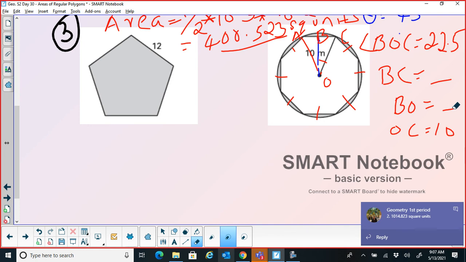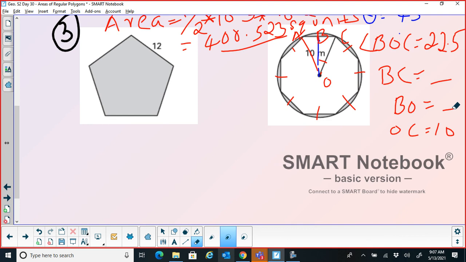If I'm interested in the opposite and adjacent, I can use tan, but I don't have the values of opposite and adjacent. I need opposite and hypotenuse this time, because BC is opposite and OC is the hypotenuse, which is given to us. So I'll use sine of 22.5.